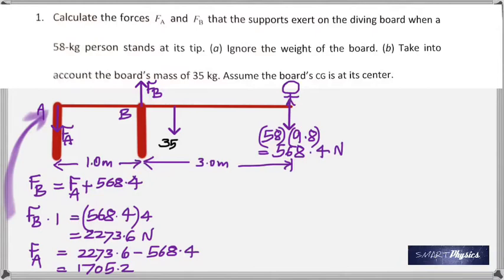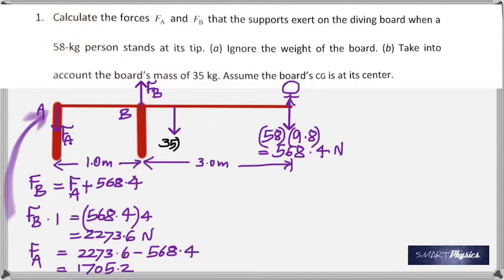Now in the B part, you have to consider the mass of the board, which is 35 kilograms. And because, see, it says assume the board's center of gravity is at its center. That means the center of gravity is exactly at the center here, which is 2 meters away from end A. Right?